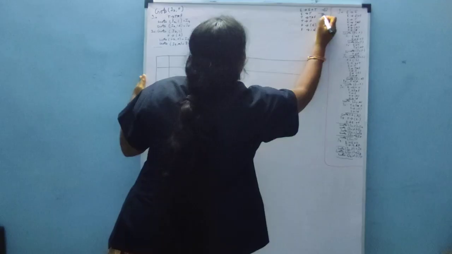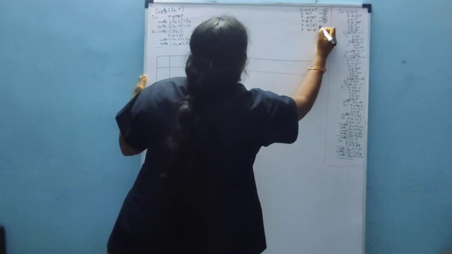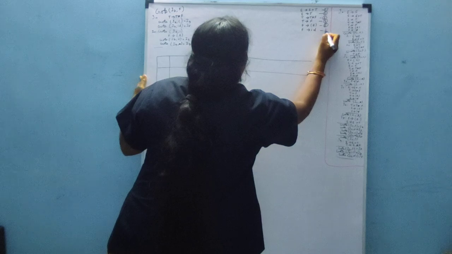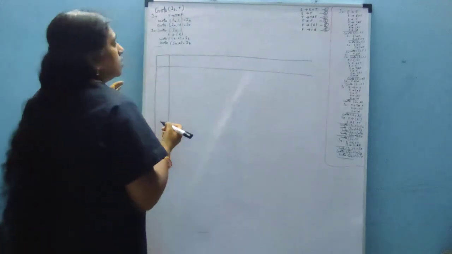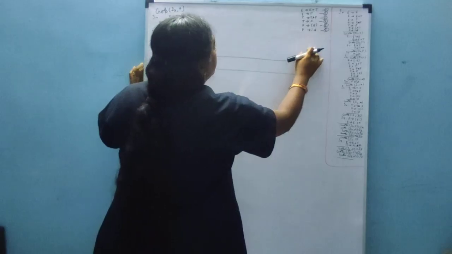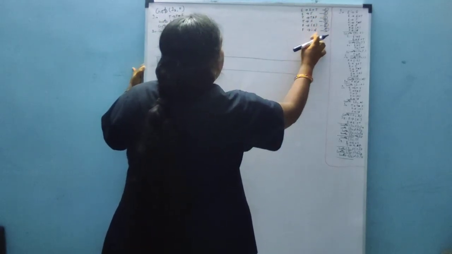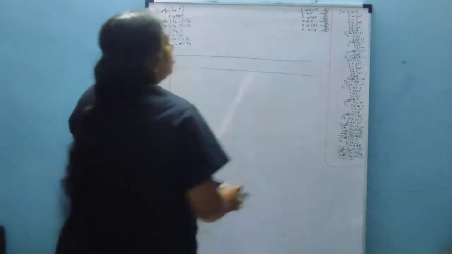This is the given grammar, numbered 1, 2, 3, 4, 5, 6. Now the input symbols present here are plus, star, open bracket, ID, and then dollar.